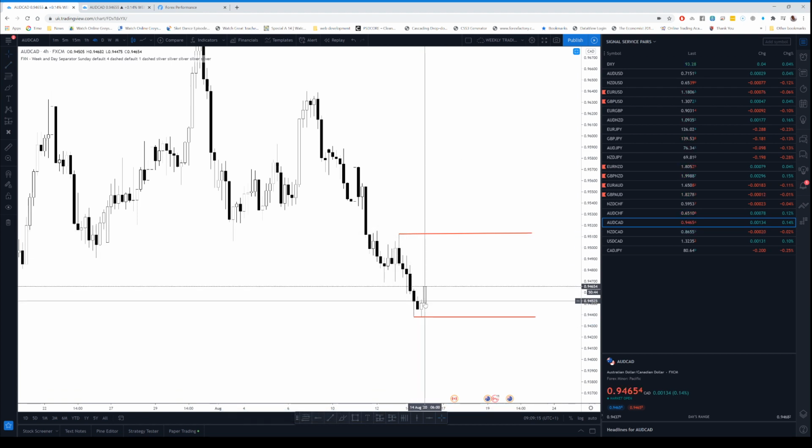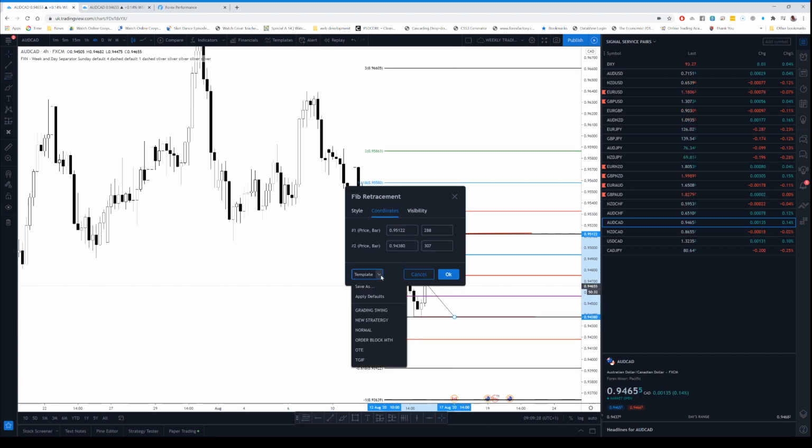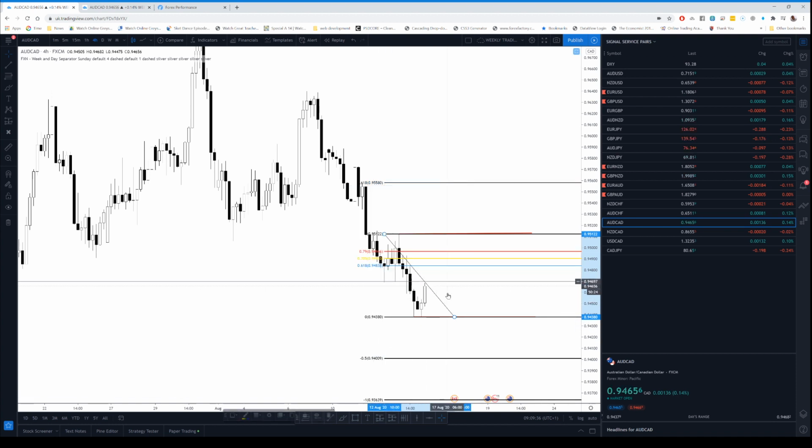So we can trade to the 618, and then probably price is going to stall, today being Friday. We can trade to the 618, and then price will just stall and not do anything.